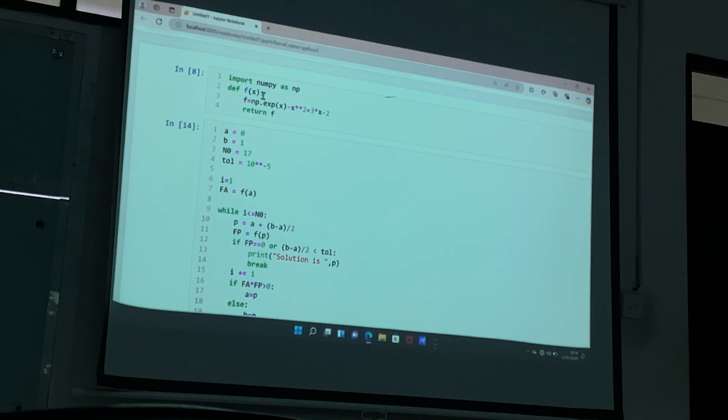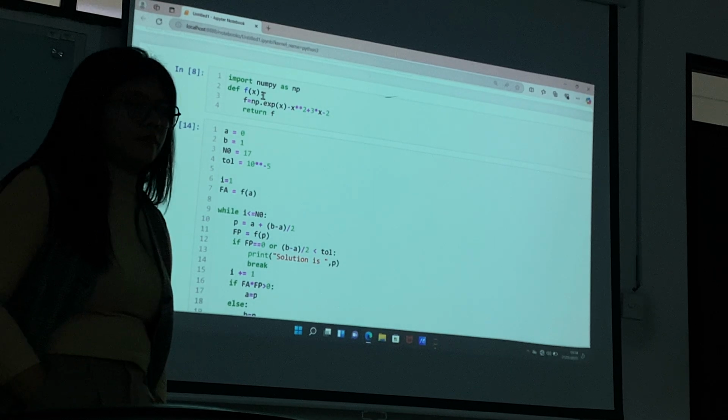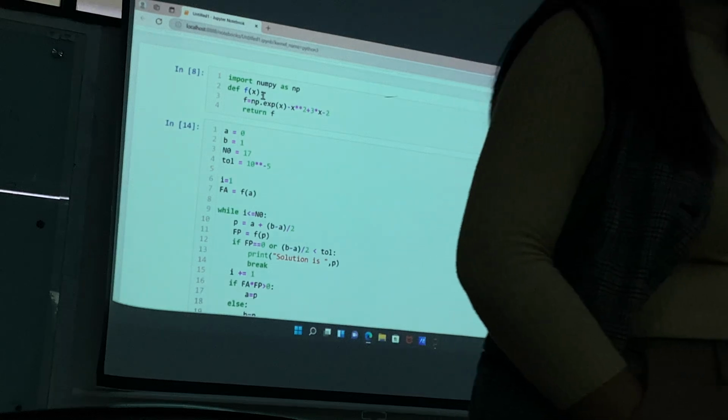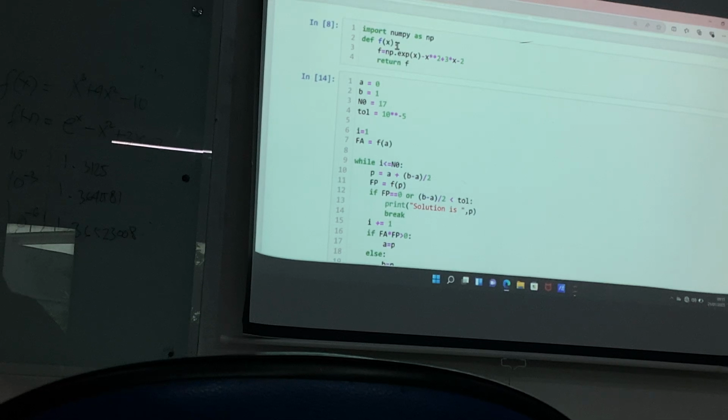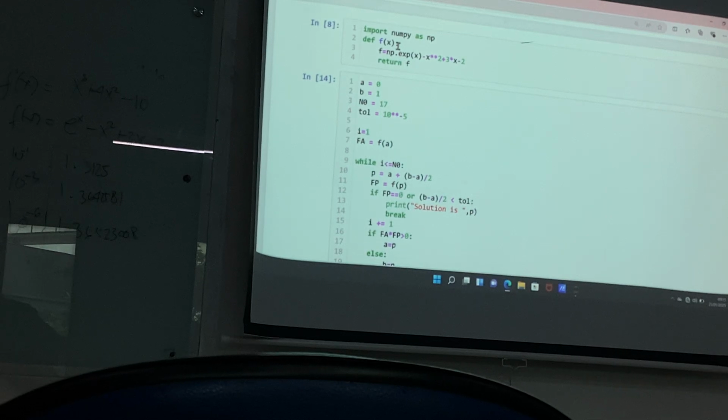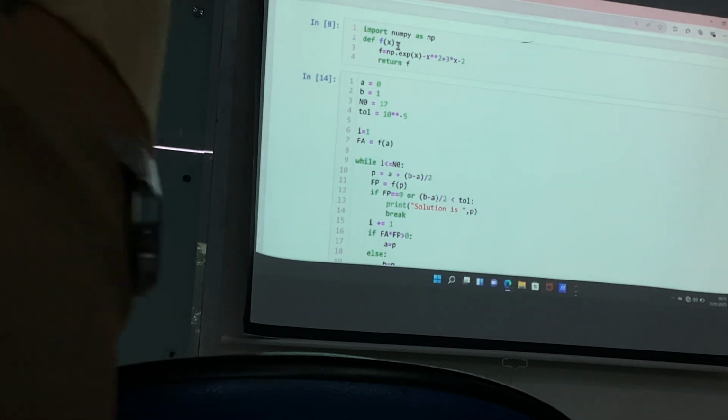If you got an error, Python is case sensitive.